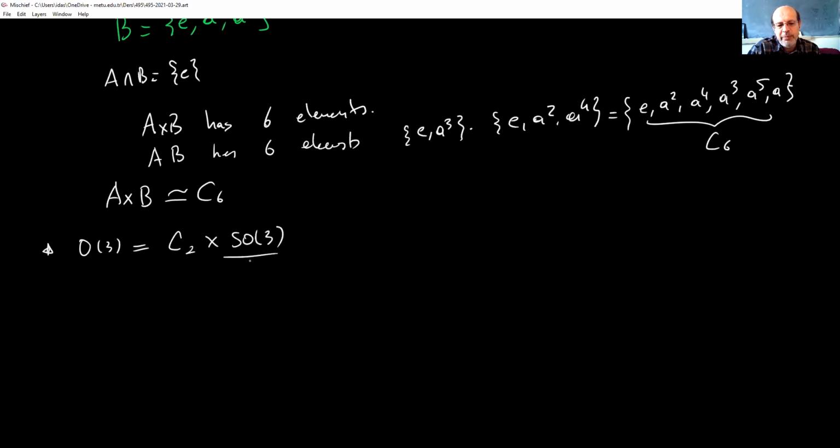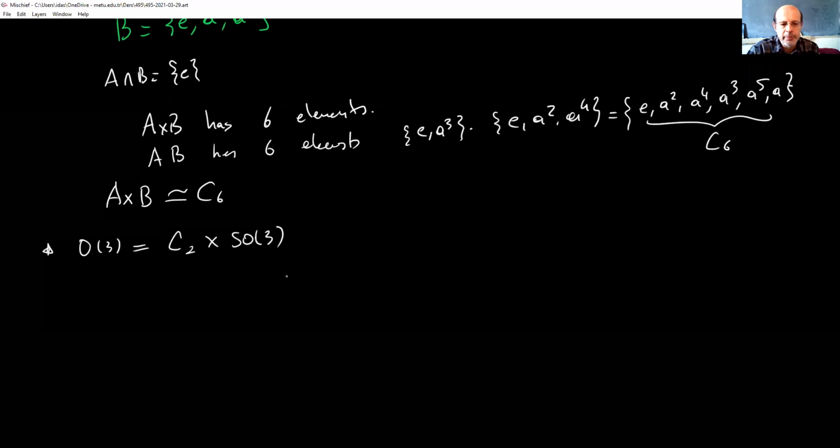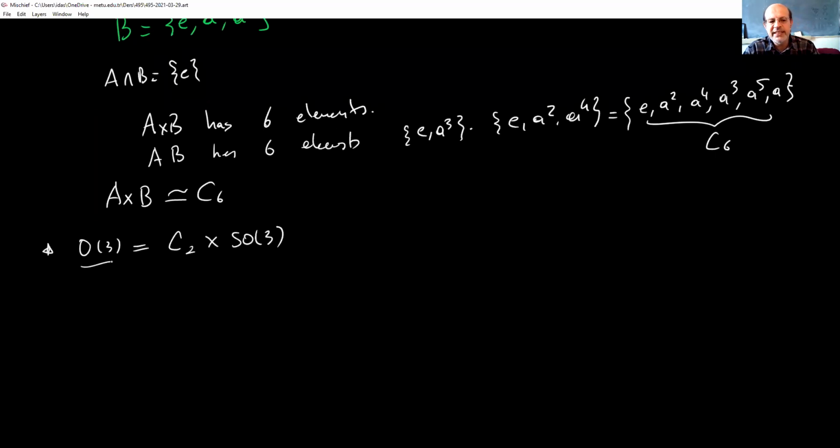So SO3 basically is the rotation group that contains only the rotations, and O3 is the group that contains also mirrors and things like that. This is actually a product group. And you can easily see that this is a product group. So these kinds of things make the analysis of these groups easier, because you somehow analyze the group structure by analyzing simpler groups, right?